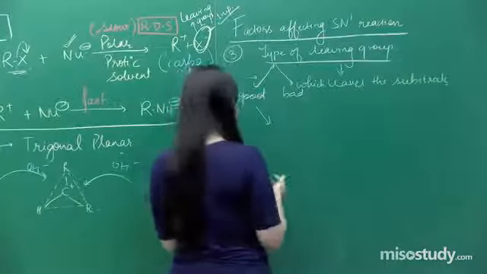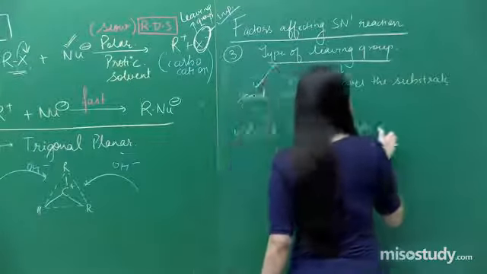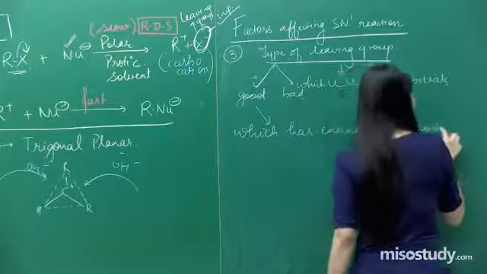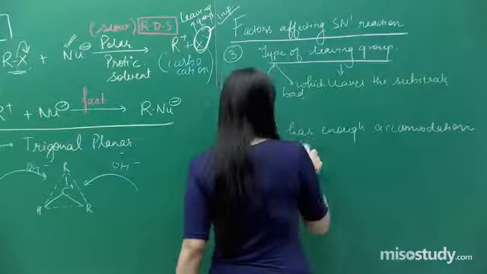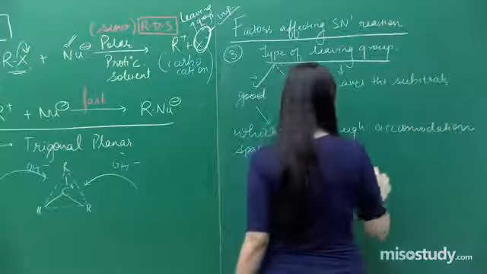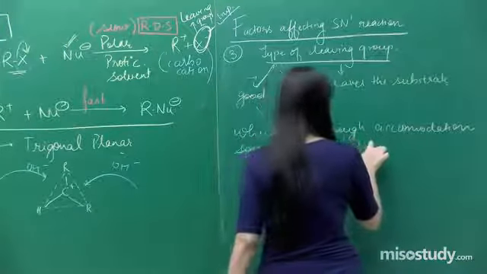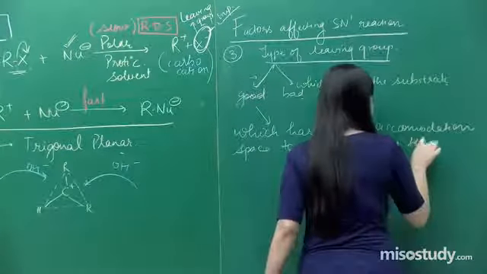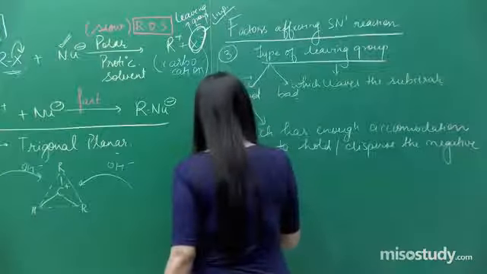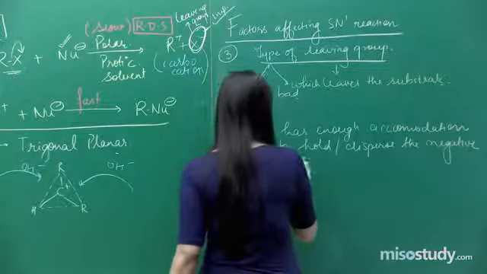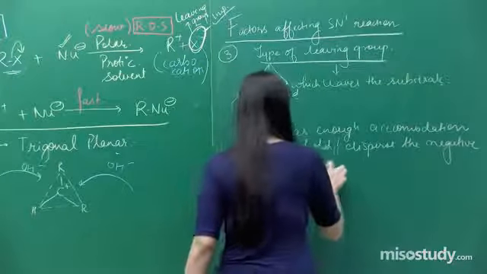Good leaving group has enough accommodation space to hold, or to be very specific, I am using the technical word over here, to hold or disperse the negative charge inside it, right?